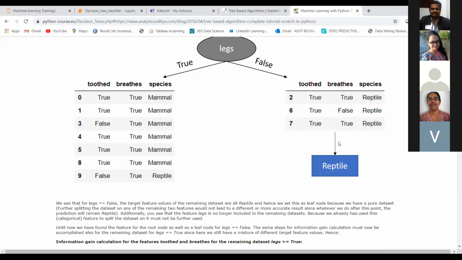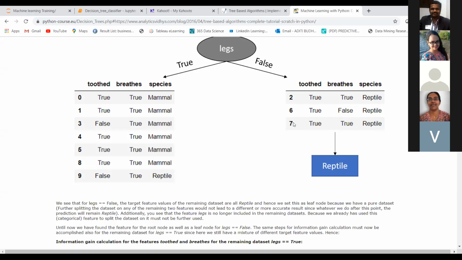So we are easily able to say that when we split our data based on legs, we get a more uniform distribution, and when the animal does not have legs, then we can classify it as reptile.